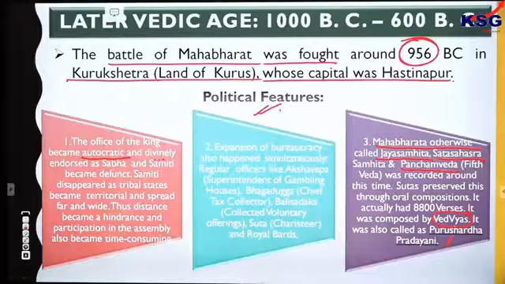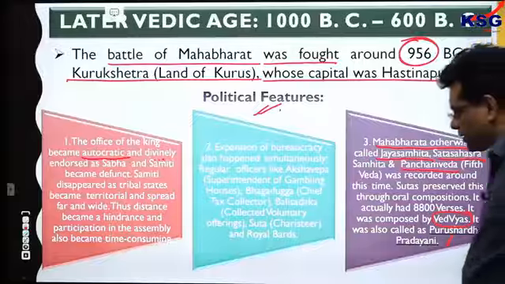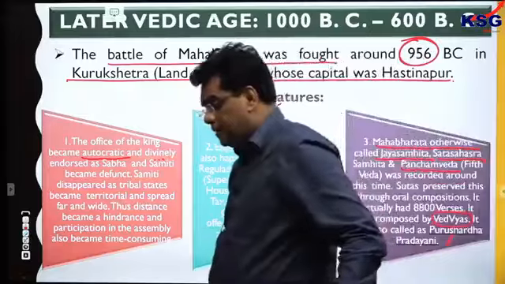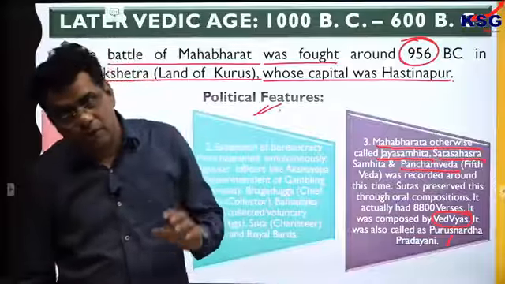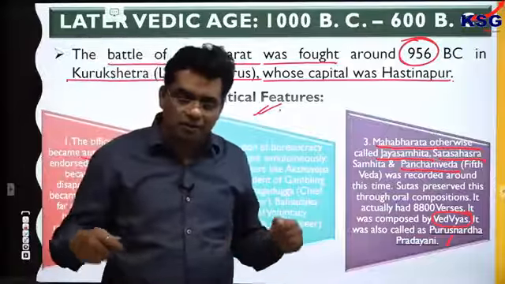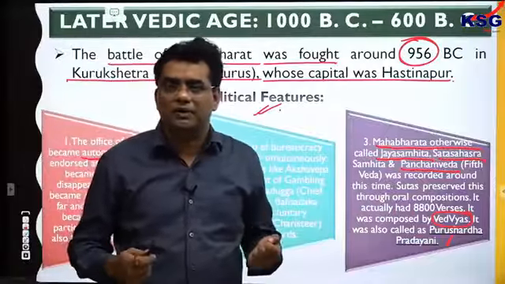So the political condition was deeply associated with the rise of the Janpad system, and within the formation of Janpad there was a massive war in the land of the Kuru between the Pandav and the Kaurav. All belong to the Kuru dynasty, whose capital was Hastinapur. So this was a fratricidal war between two brothers for the succession. The Bharat tribe and the Pru tribe became the first to form the Janpad, and the first Janpad had a bitter war, that is called the Mahabharata war.